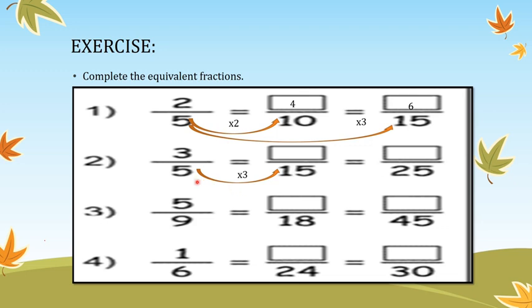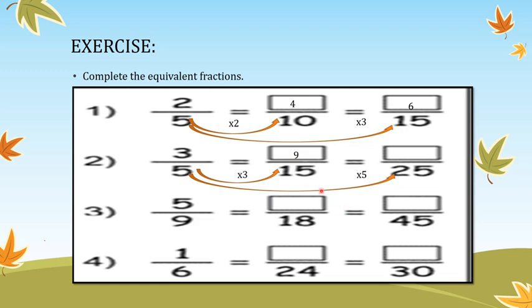No, we read the table of 5 to find out how many times of 5 15 comes. So 15 comes 3 times of 5. So we will read the table of 3, 3 times. 3 threes are 9.